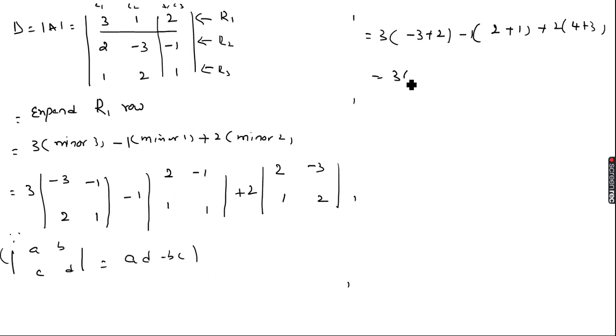So we get 3 into minus 1, minus 1 into 3, plus 2 into 7. We get minus 3 minus 3 plus 14, that is 14 minus 6, which is nothing but 8.